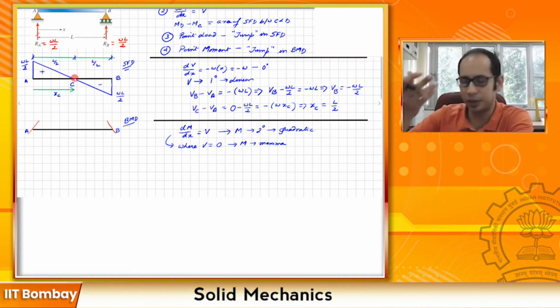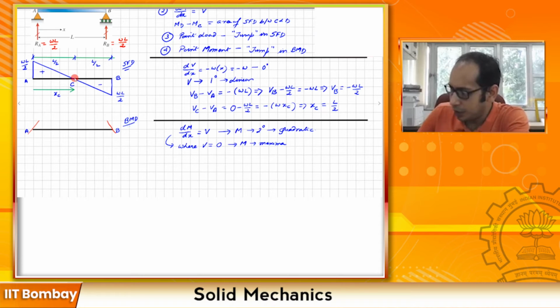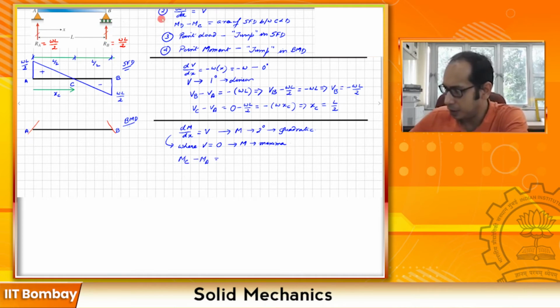And let's calculate the value of what we get. If this point is c again, where my cursor is at the moment, I can write Mc. Let me write with the other color. I have Mc minus Ma here. Md minus Mc is the area of the shear force diagram between c and d. So here Mc minus Ma will be the area of the shear force diagram between a and c.